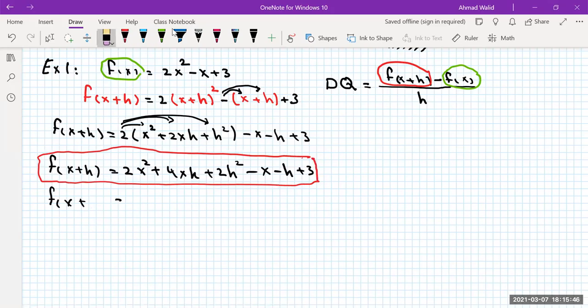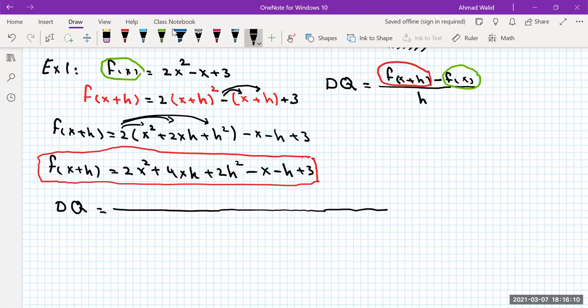After I find this, then it's easy to deal with this formula. Look, then the difference quotient, I will write here, I don't want to go there because there's less space, I cannot work. Difference quotient equals, you need a long fraction bar. F of x plus h means 2x squared plus 4xh plus 2h squared minus x minus h plus 3.